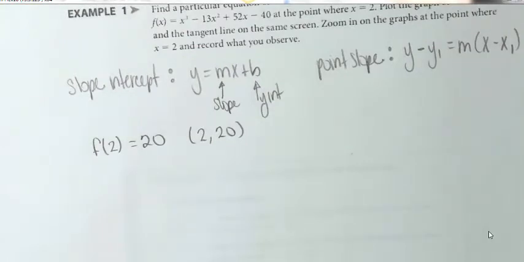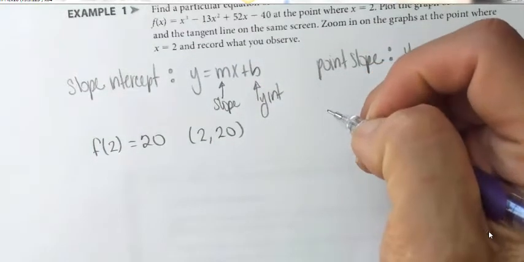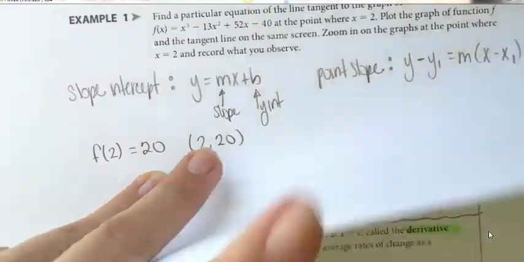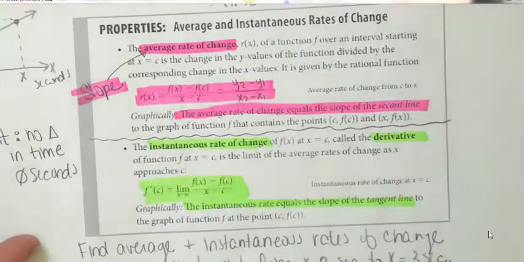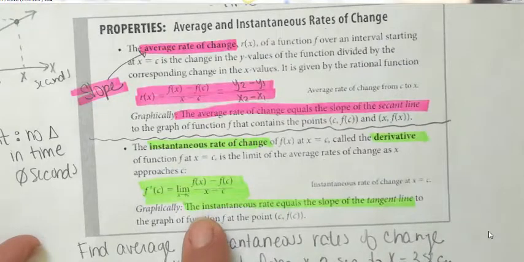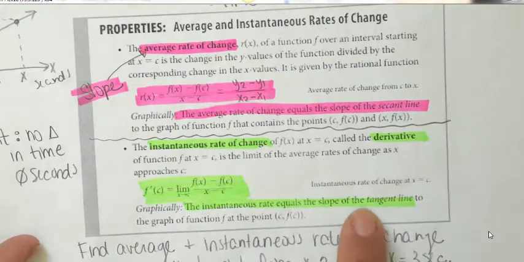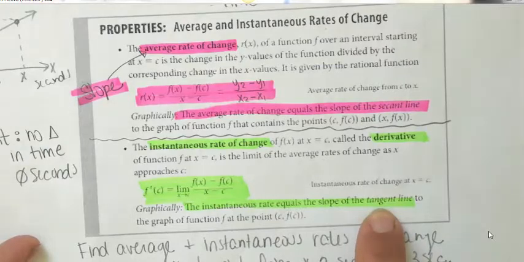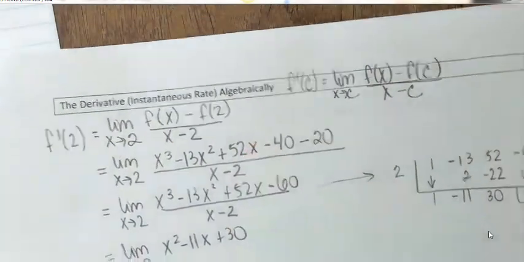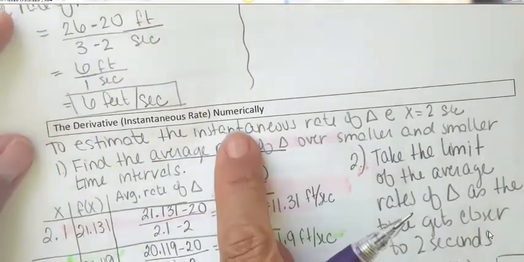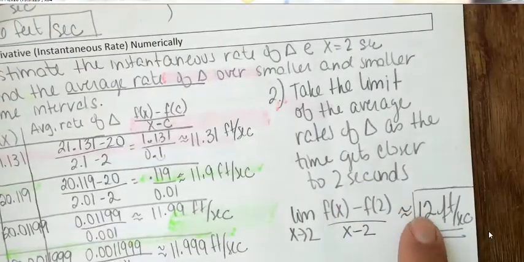Okay? Second thing I already know, because I've already figured it out, going back to my very first page, the instantaneous rate equals the slope of the tangent line. So I know the slope of the tangent line because I have found the instantaneous rate of change at x equals 2 twice. I have found it both algebraically and I have found it numerically. And both times I got 12.